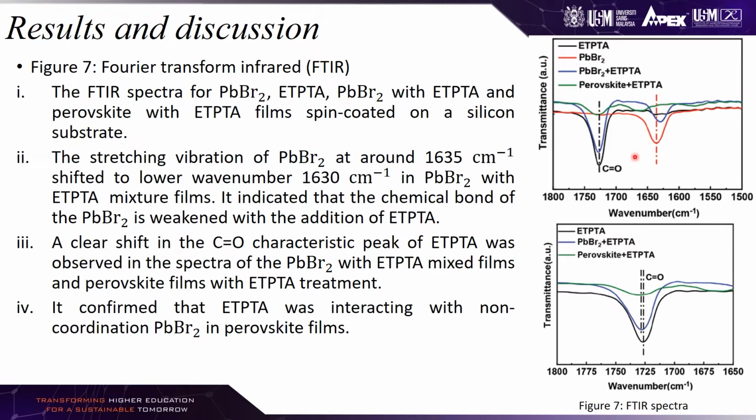We can go deeper into this area and zoom in. So the black line is ETPTA, the blue line is PbBr2 with ETPTA, and the last one, the green line, is perovskite with ETPTA.